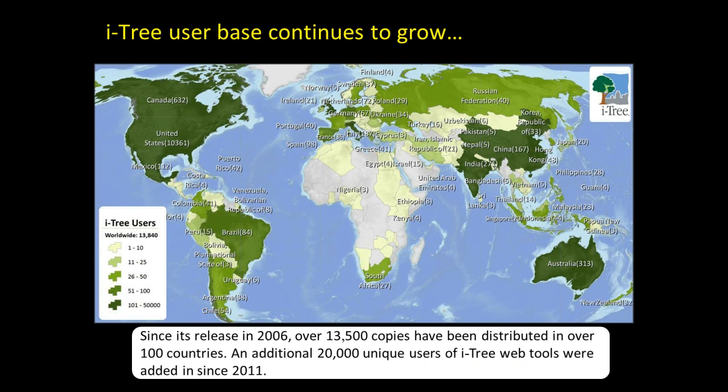We are currently in 118 countries that have used the model. We have over 30,000 users, and we have different tools that are online. Many of the tools will work directly here in Mexico. Some will not because we have data issues. What I mean by that is the model simulates the trees that you measure based on your weather and your pollution system. So it gets your local data. We have global weather systems.